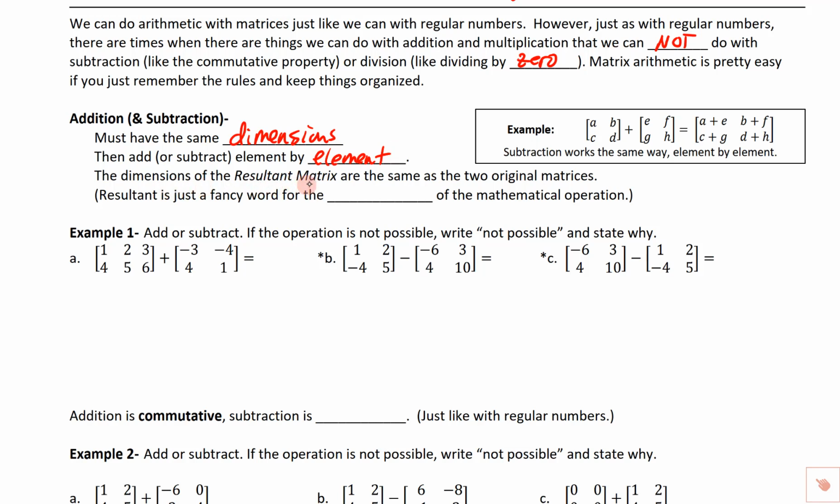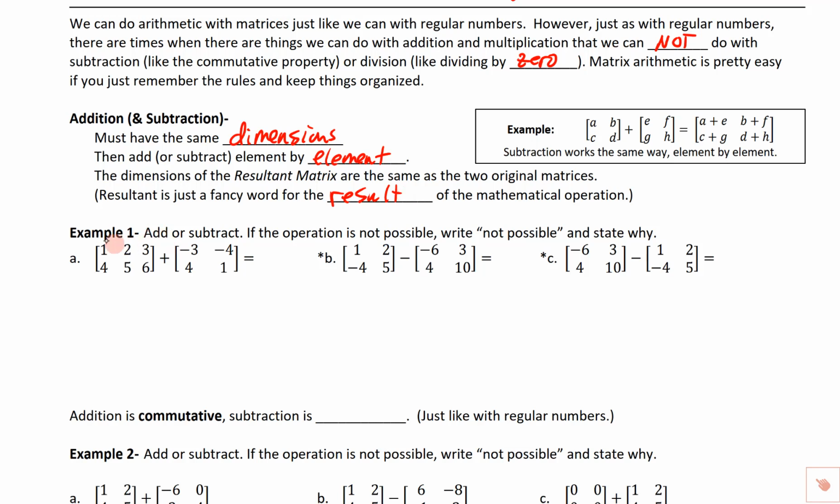The dimensions of the resultant matrix is the same as the two original matrices. So if they had the same dimensions to begin with, they keep those same dimensions in the end result. And the word resultant is just a fancy word for the result of a mathematical operation.